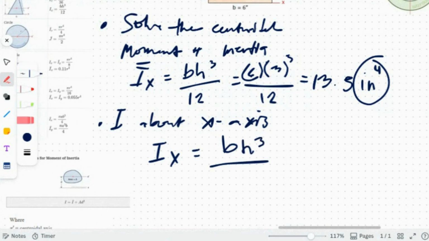So that's 6 times 3 cubed. I don't want you guys to get confused, right? The equation depends on what axis you're looking for, I mean, what moment of area about which axis you're looking for.